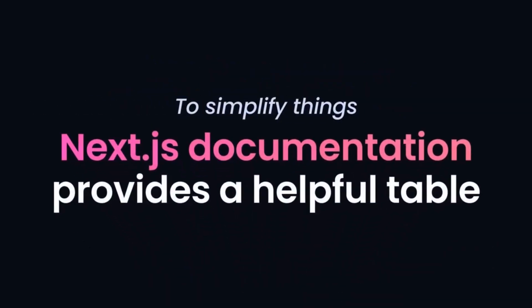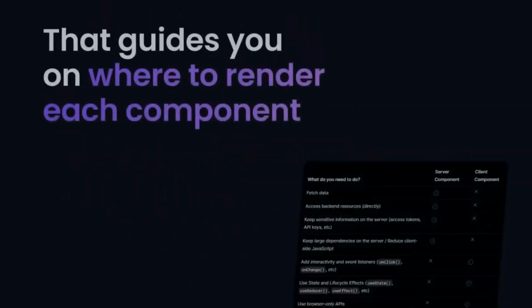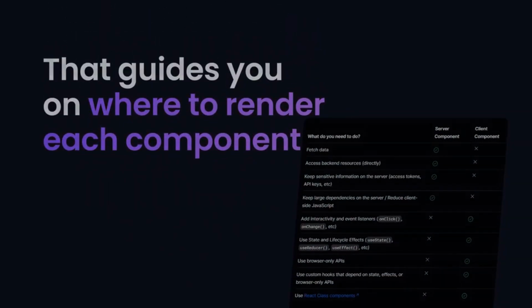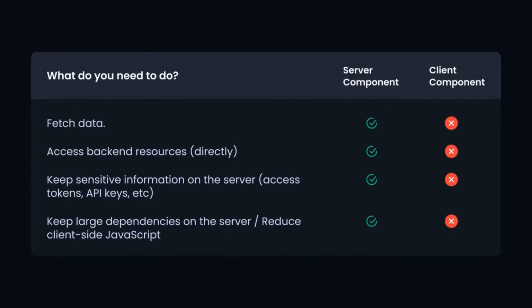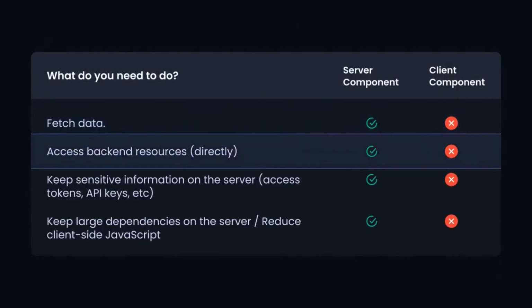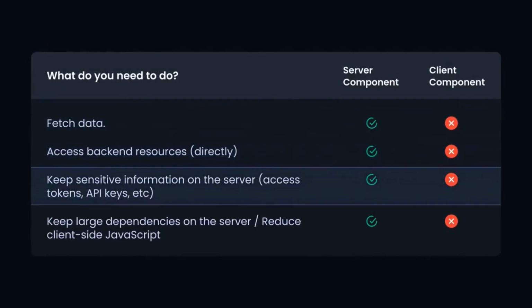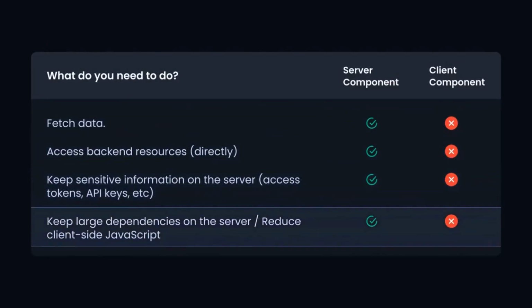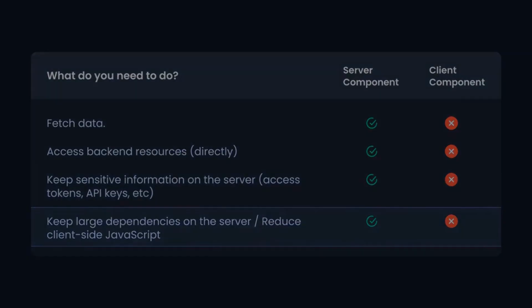So to simplify things, the Next.js documentation provides a helpful table that guides you on where to render each component. We're talking about server components if you're fetching data, accessing backend resources directly, keeping sensitive information on the server, or keeping large dependencies on the server.